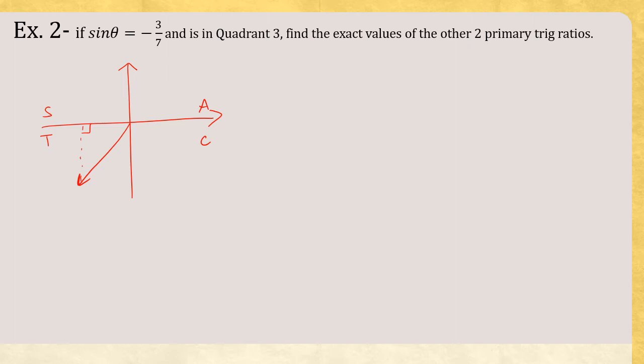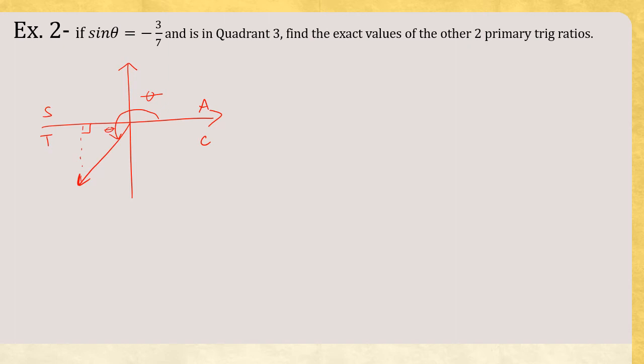And again, theta is your angle from the initial arm to the terminal arm. And sometimes if it doesn't say it's in standard position, then you can just label this as the related acute angle as well.